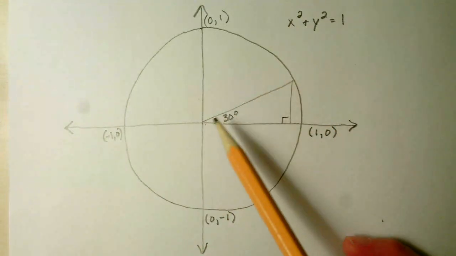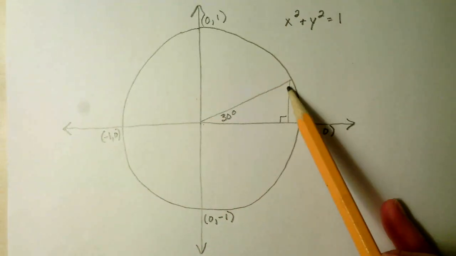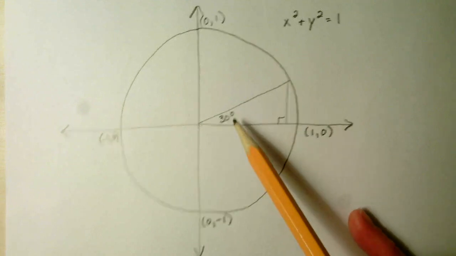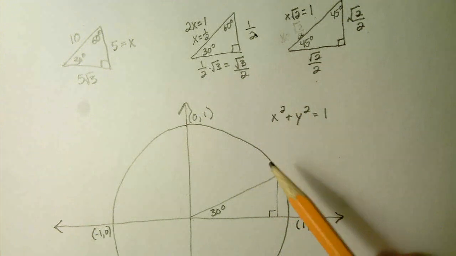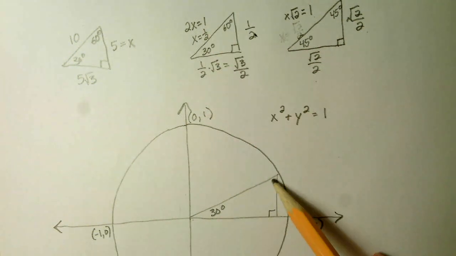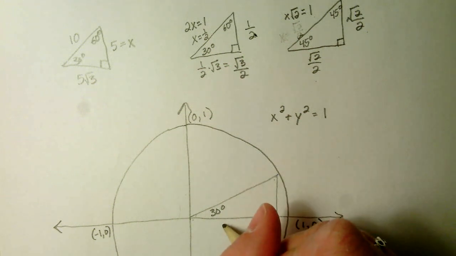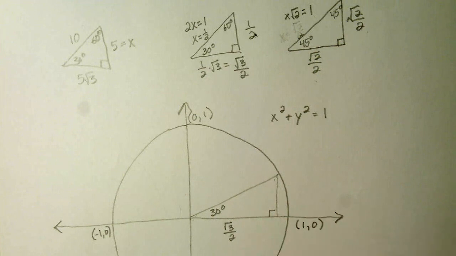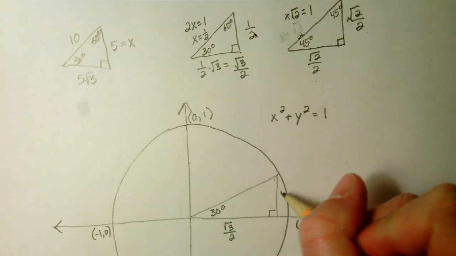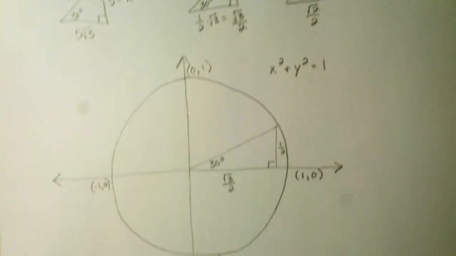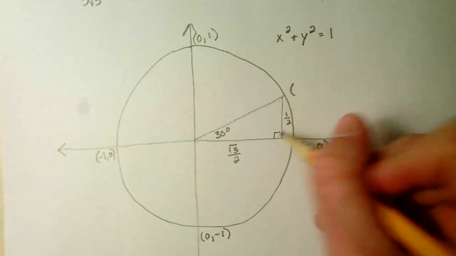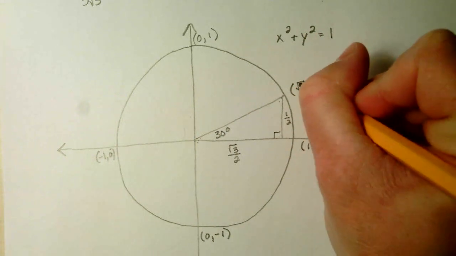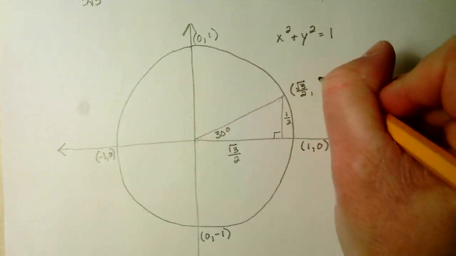Now, think about this. If this is a 30, 60, 90-degree triangle, I'm not going to draw in the 60. Then looking up above, if this side is 1, which would be the radius of our circle, then this side is square root of 3 over 2, and this side is 1/2. Think about it. This is the distance from 0, so this corresponds to the point square root of 3 over 2, comma, 1/2.